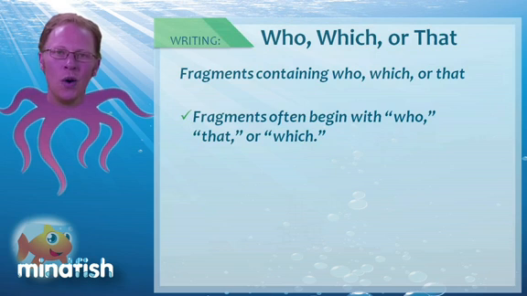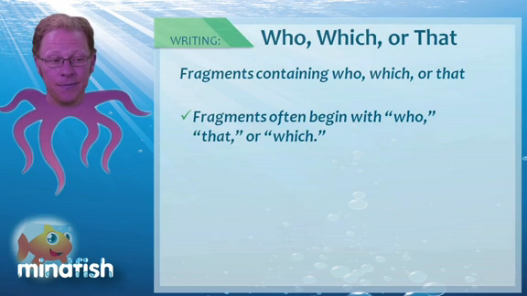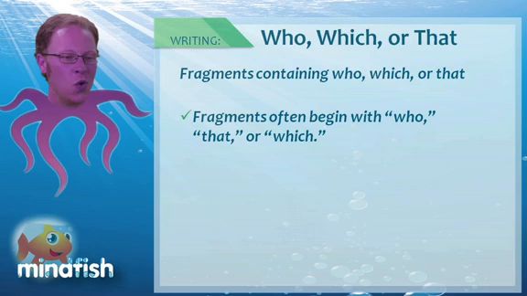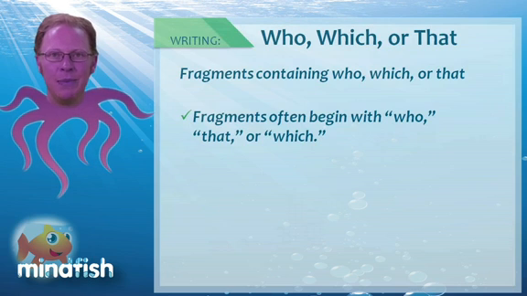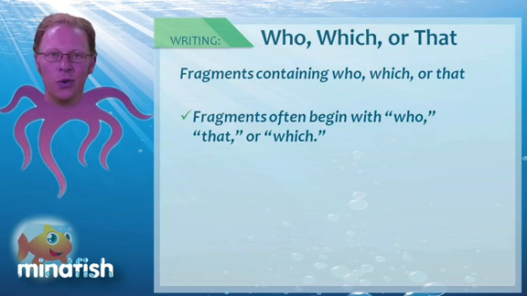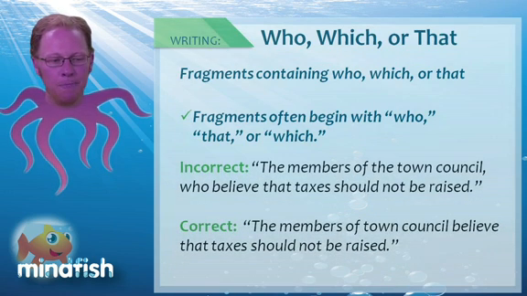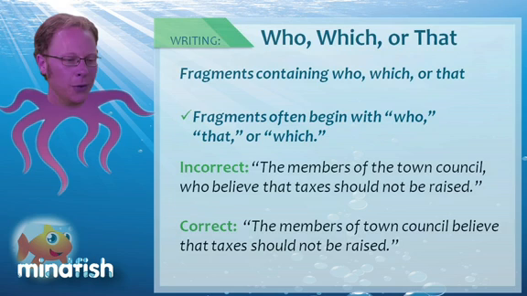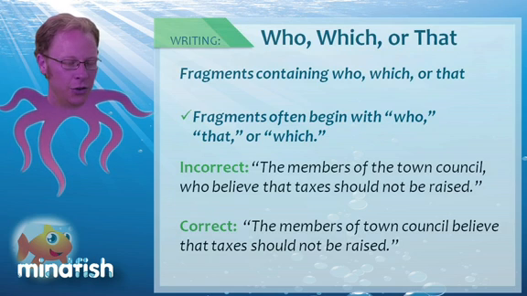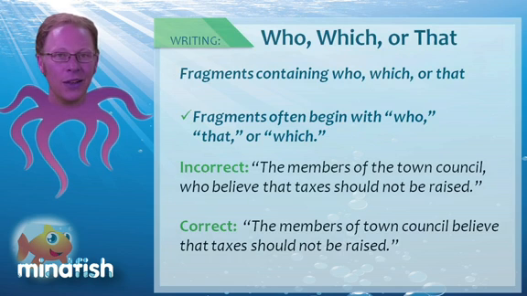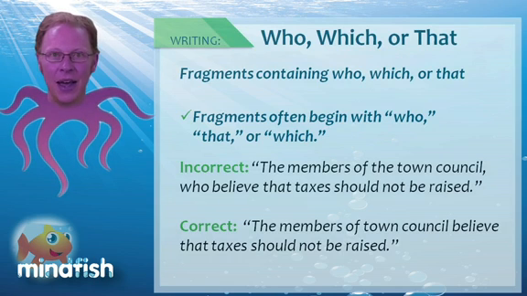The second type of fragment that you'll see on the writing section of the test features the words who, which, or that. Fragments that contain who, which, or that set up dependent clauses and therefore do not make for complete sentences. Let's have a look at an example. The members of the town council who believe that taxes should not be raised. Well, to me it sounds like something needs to come at the end of that sentence.